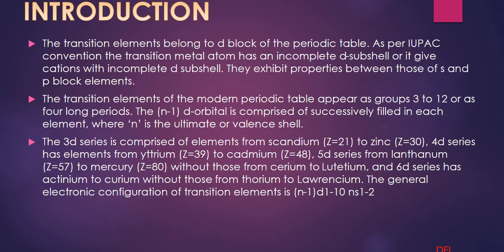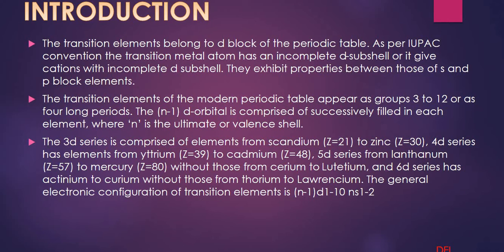The 4d series has elements from yttrium, atomic number 39, to cadmium, atomic number 48. The 5d series is from lanthanum to mercury, from atomic number 57 to atomic number 80, and the last series is the 6d series from actinium to curium.